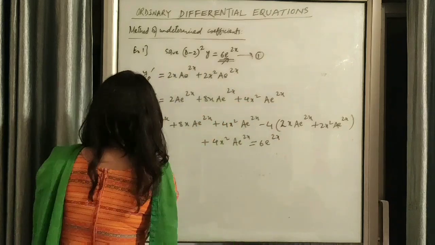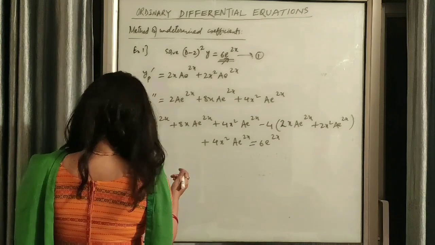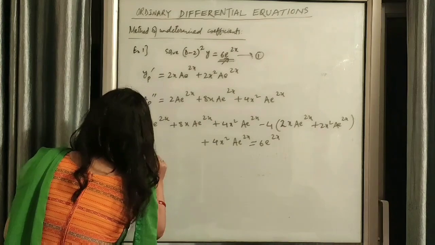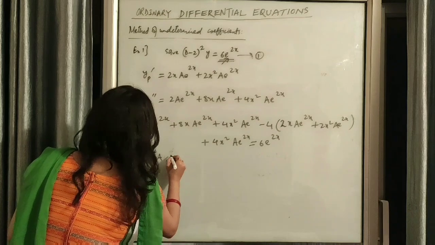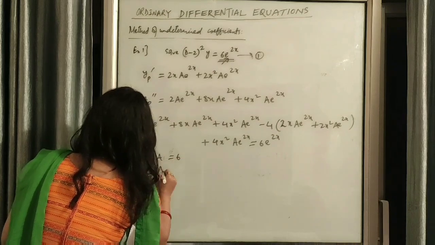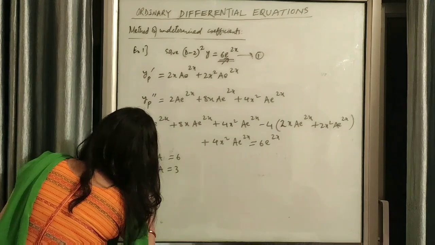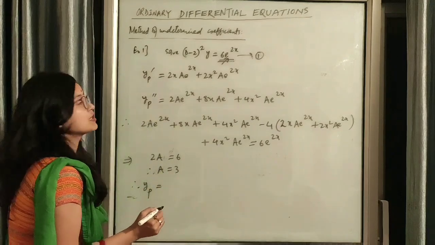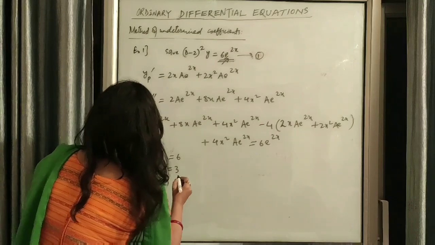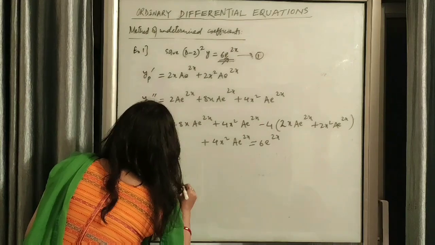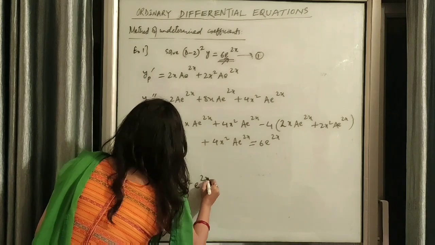Now simplifying this and equating the like terms on both sides, we get 2a is equal to 6, which gives us a is equal to 3. Hence yp is equal to 3x² e^(2x).